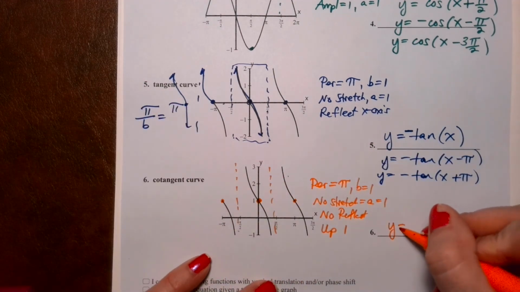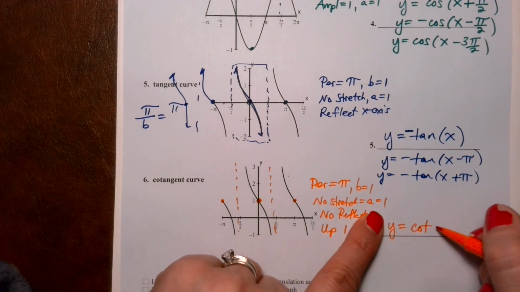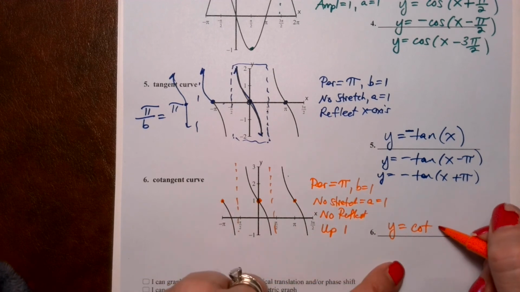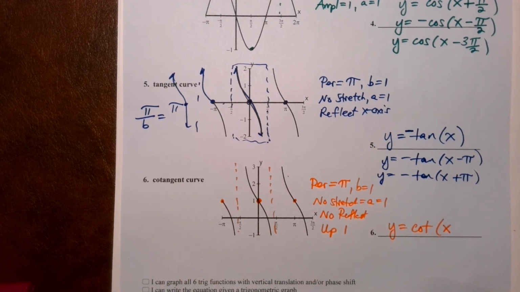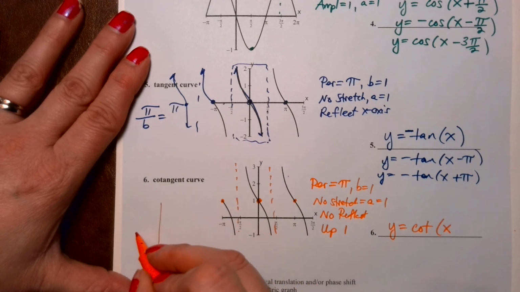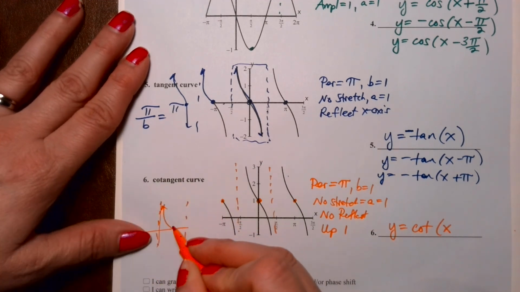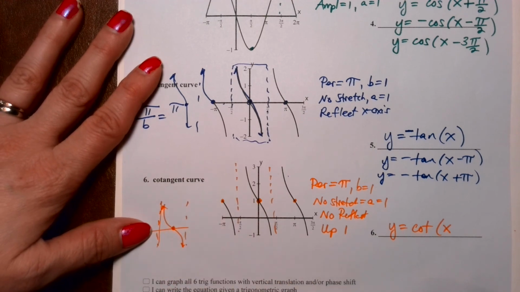So we've got y equals, we've got a 1 for a, so cotangent, we've got a 1 for b. So now the question is, does cotangent usually start on the y-axis? No, cotangent usually starts with an asymptote. He usually starts over here. So where is his starting asymptote?